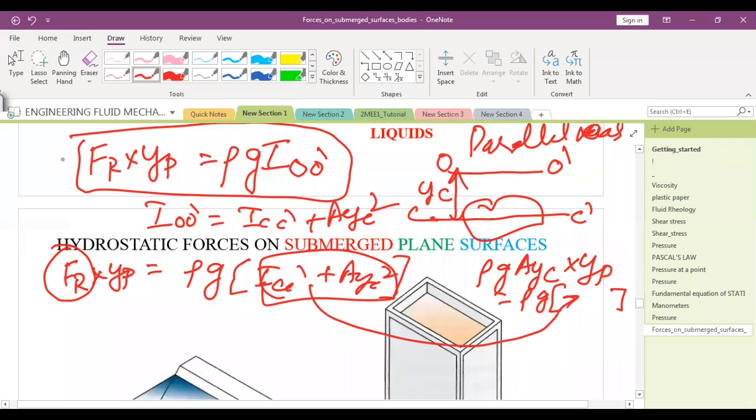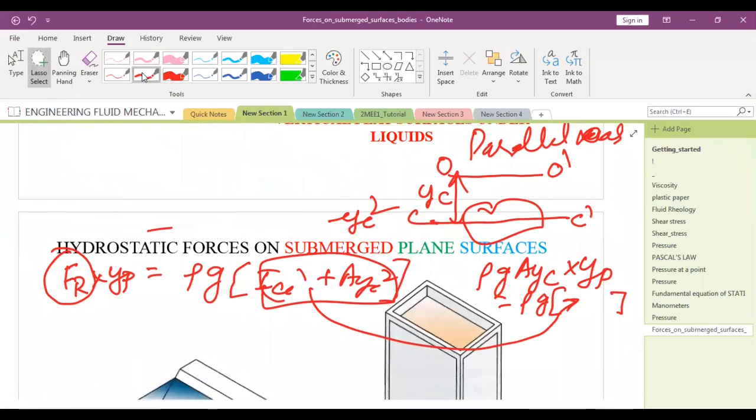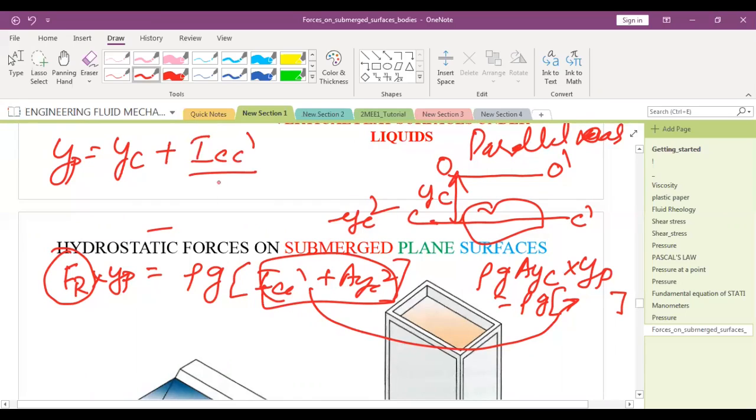So finally you get yp is equal to yc plus, what should I write down? yc plus, quickly, I C dash upon A yc.